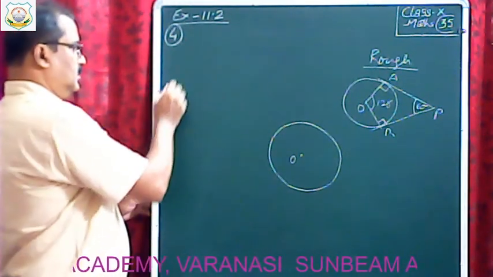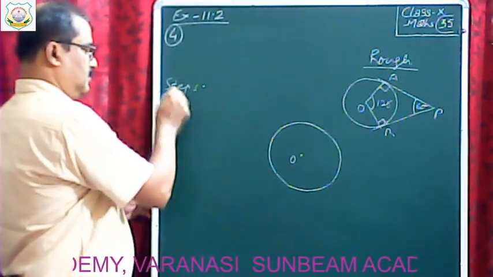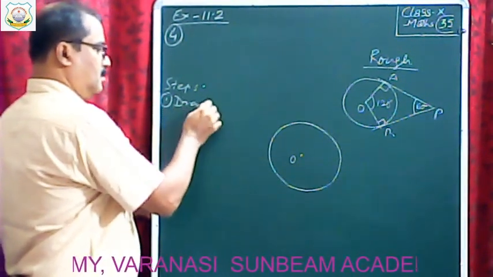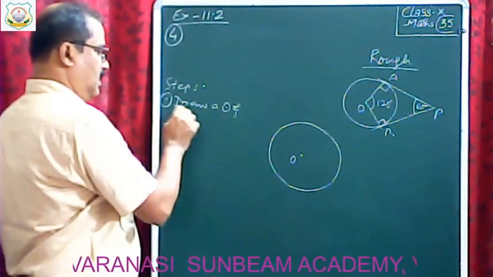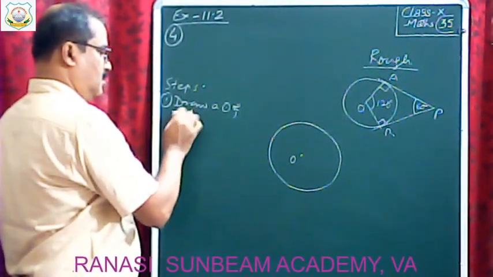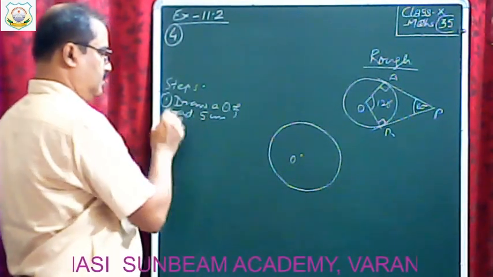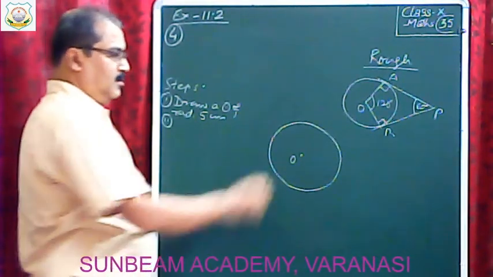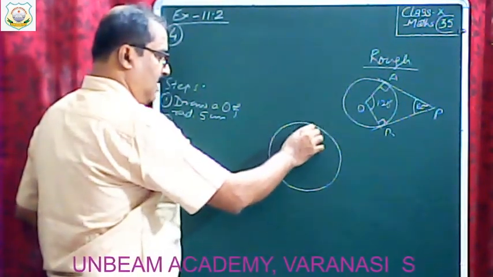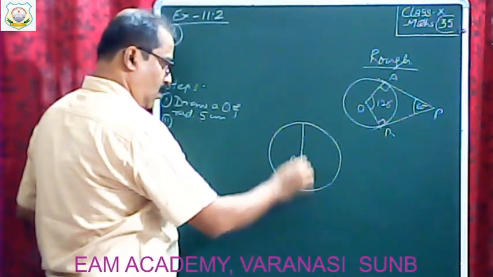Steps: draw a circle of radius 5 centimeter. Thereafter, you have to draw one diameter, any one of the diameters.